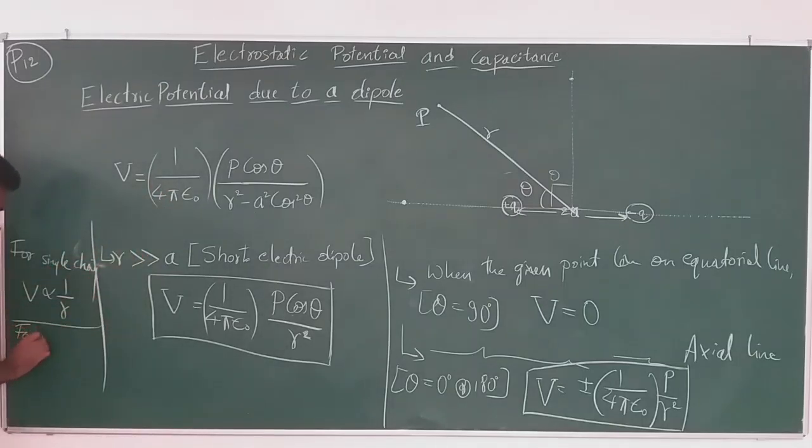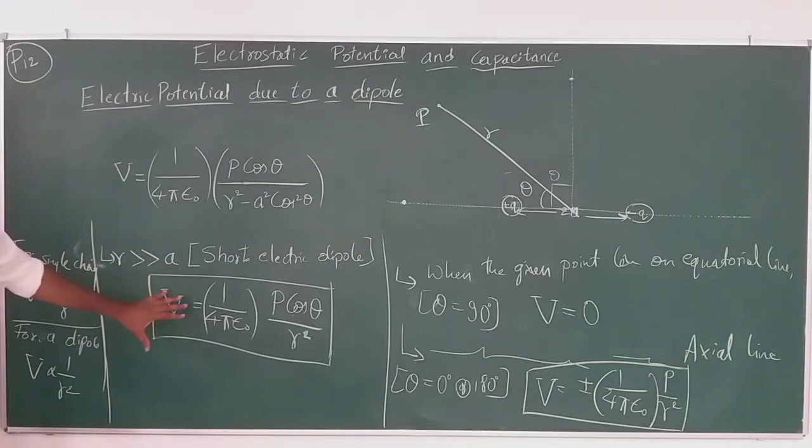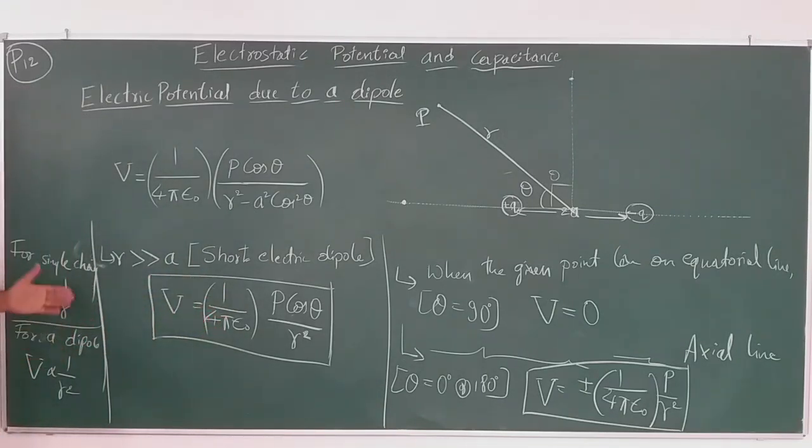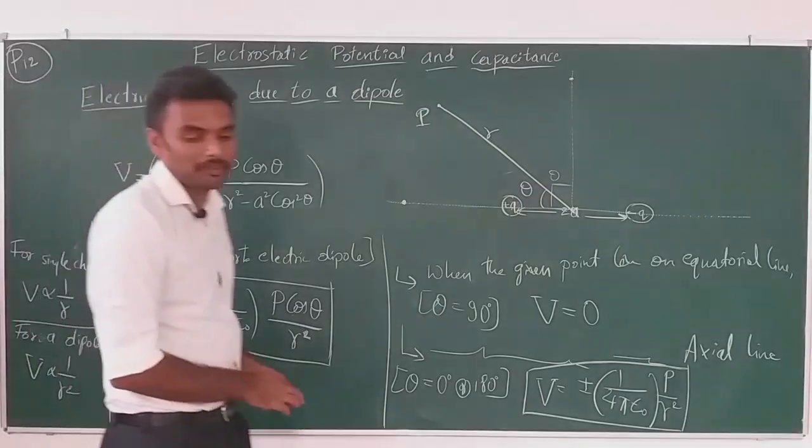But for a short dipole, V is actually proportional to 1 by r squared. Keep this in mind. This is a special case. We are comparing the expressions of potential due to a single charge and potential due to a dipole. Due to a single charge, V is proportional to 1 by r. Due to a dipole, V is proportional to 1 by r squared. Keep that in mind.